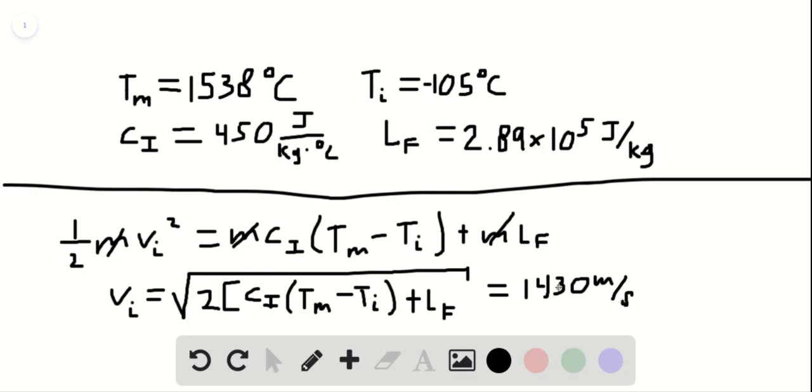And we can box that in as our solution to the question.